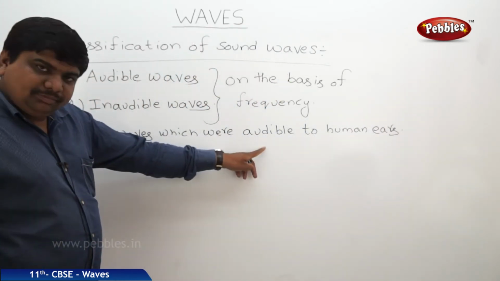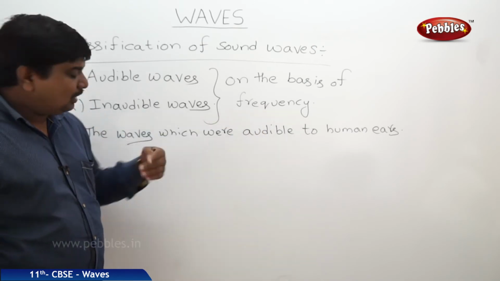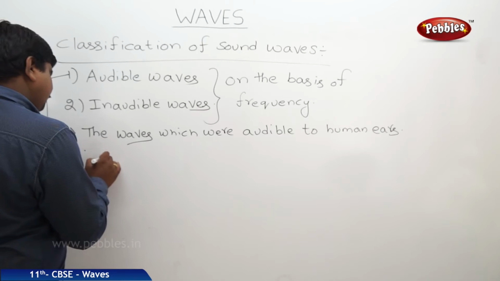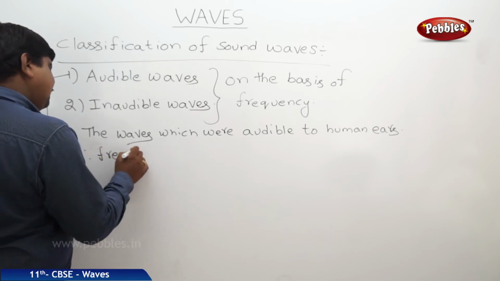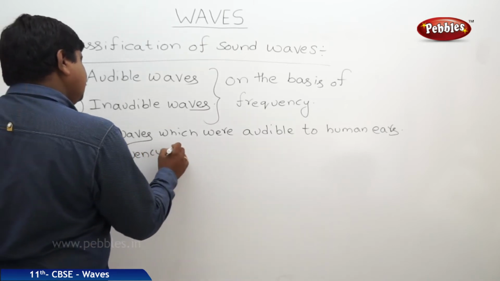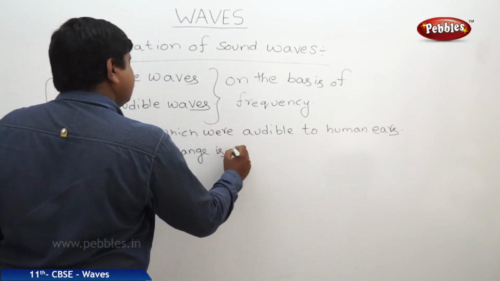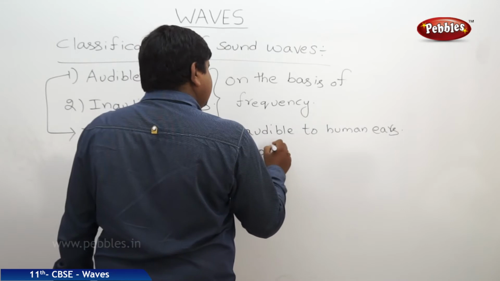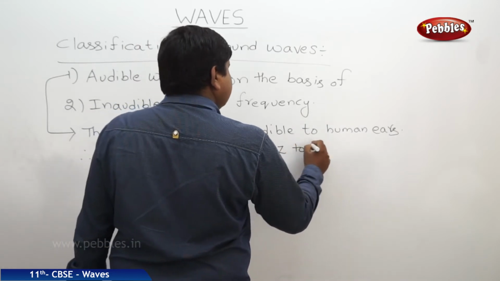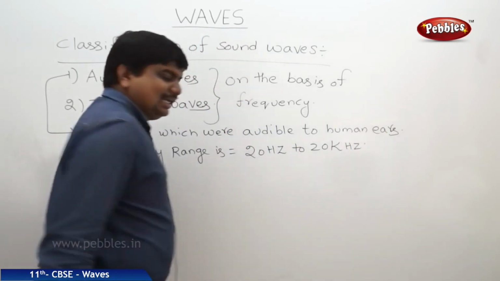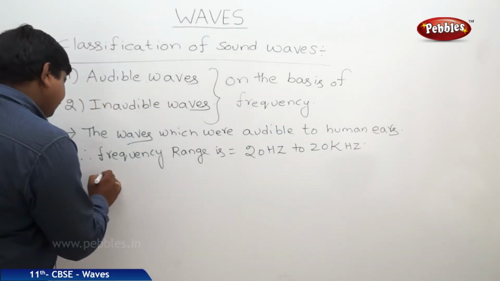But audible means it is based on the frequency also. So what is the frequency range for the audible waves? The frequency range is 20 Hertz to 20 kilohertz, where Hertz is the SI unit of frequency.